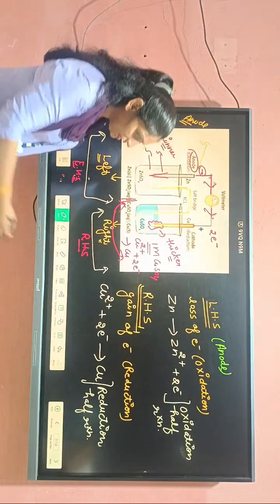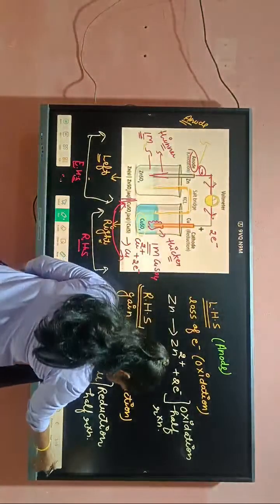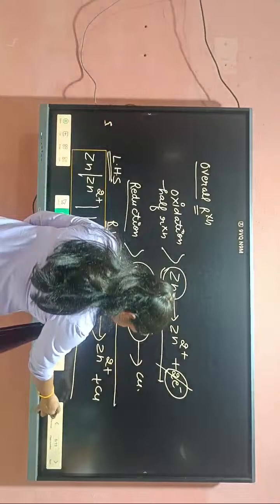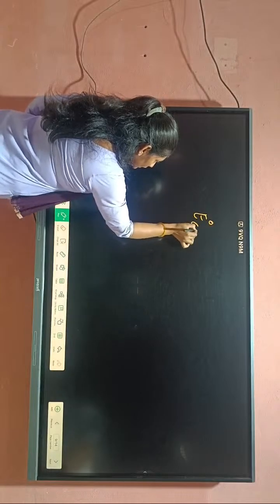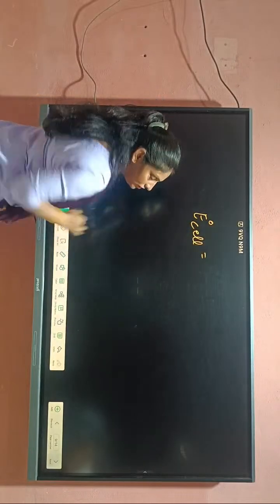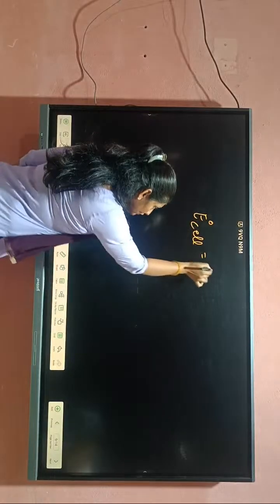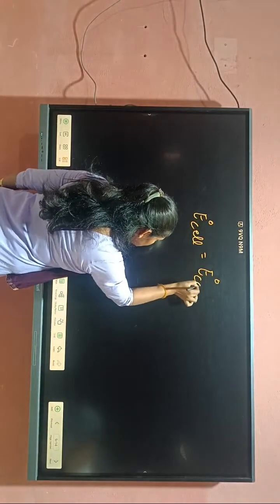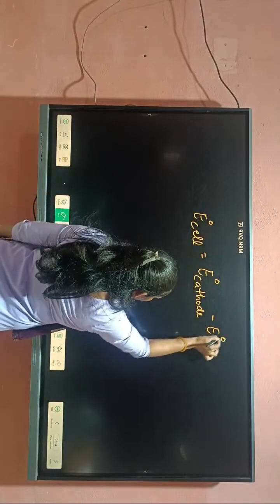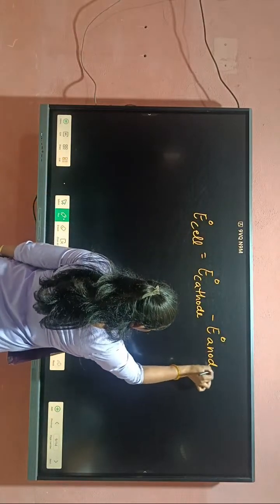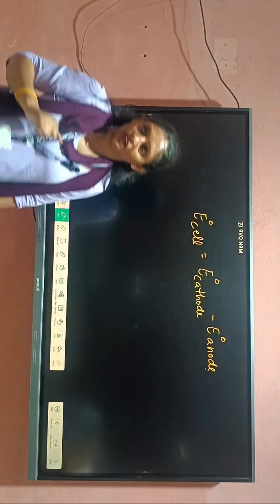We will write it in this way: E naught cell is equal to E naught cathode minus E naught anode. In this way we will calculate.